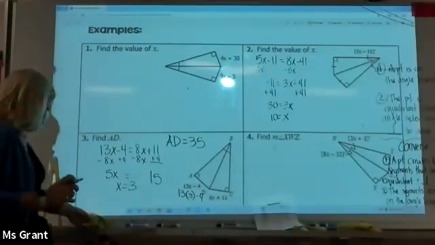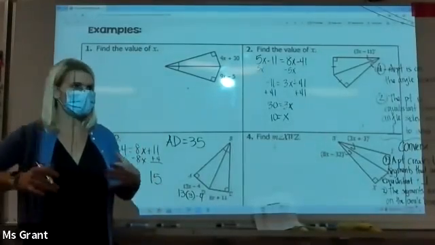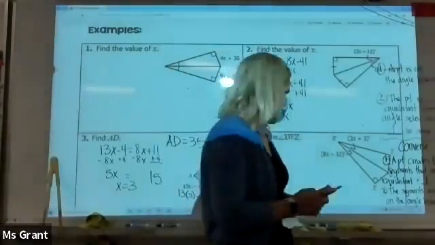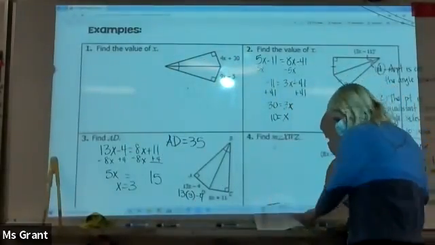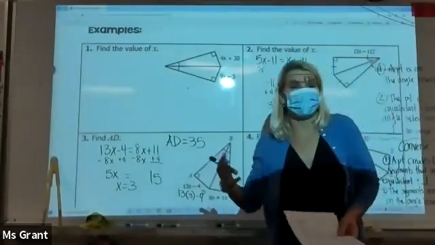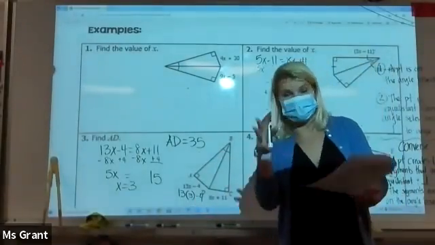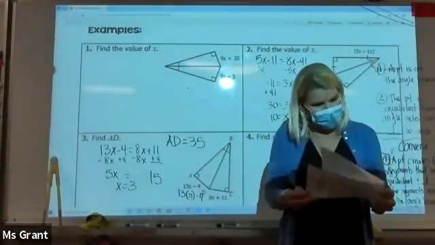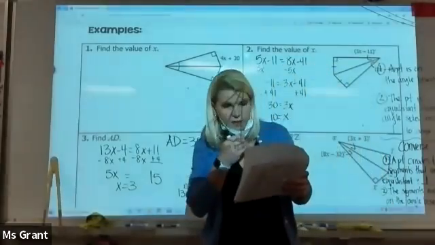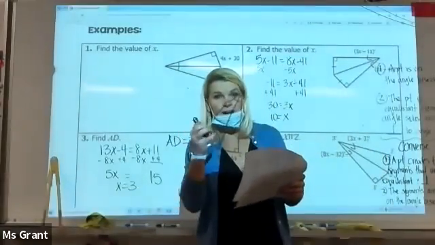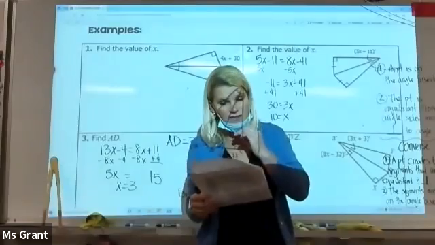So this lesson should be a simple lesson for you, where you're setting things equal. Maybe you have to solve and figure out how big an angle is or how big a side is. On your attached worksheet, scroll down. The homework is a part of the PDF that I put up on Google Classroom.